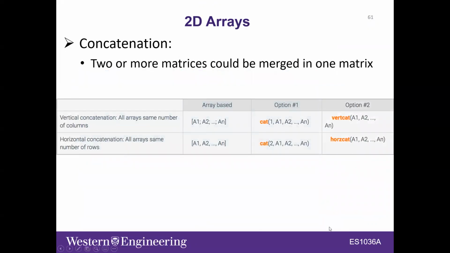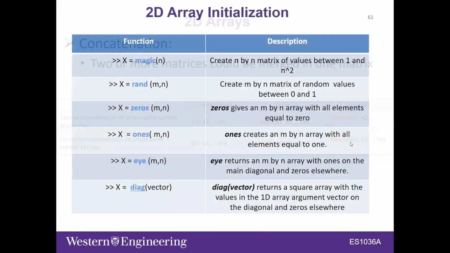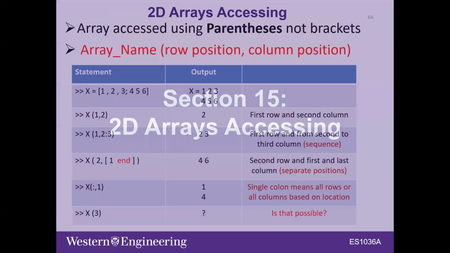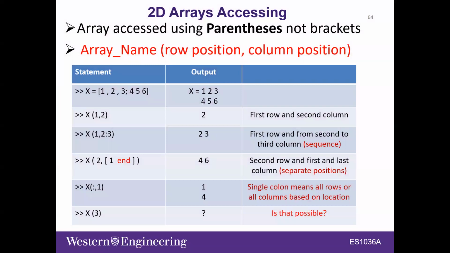Here for concatenation, we use cat. Here vertical concatenation, horizontal concatenation. Here are our functions. What is the description of each function that we will use? How to access a two-dimensional array.